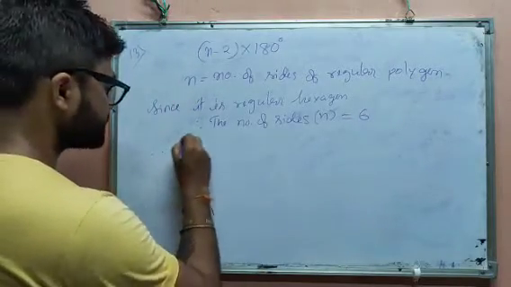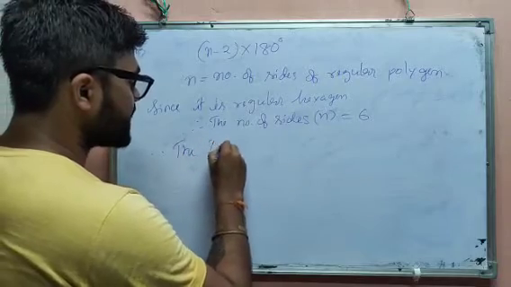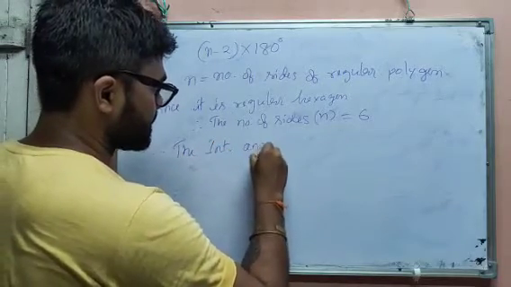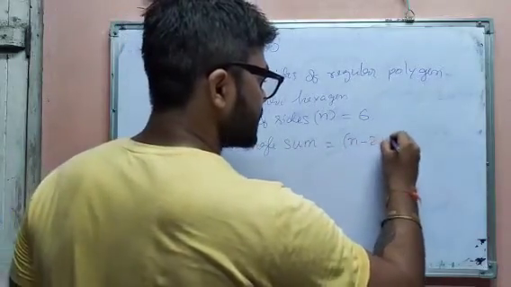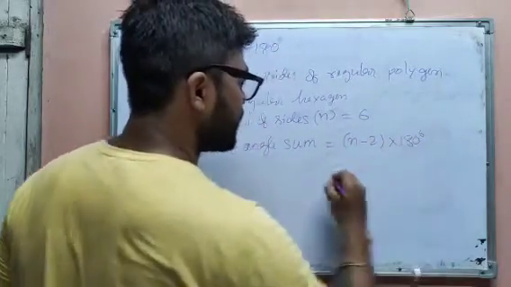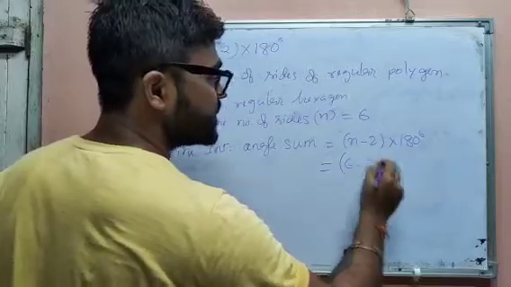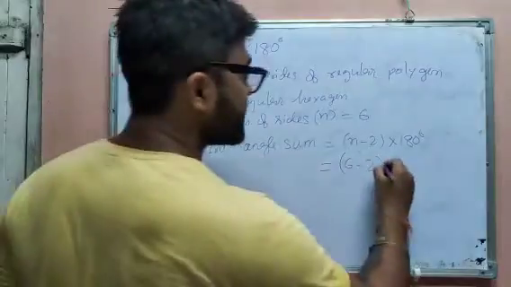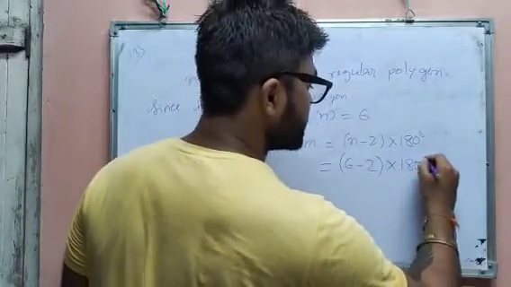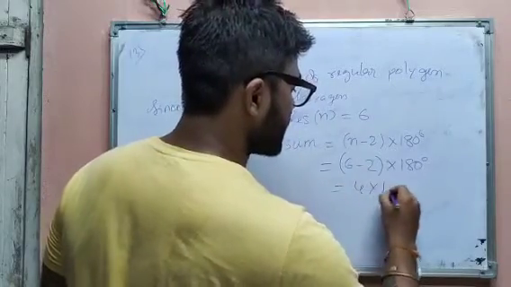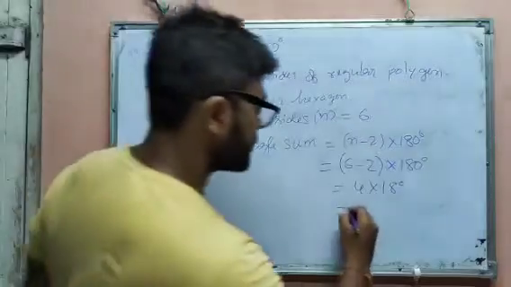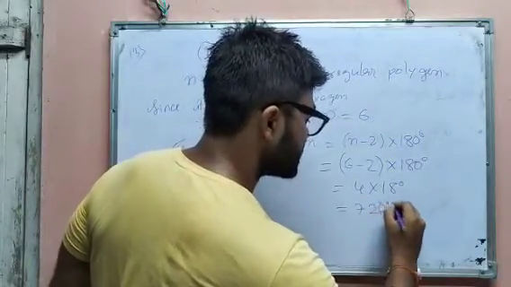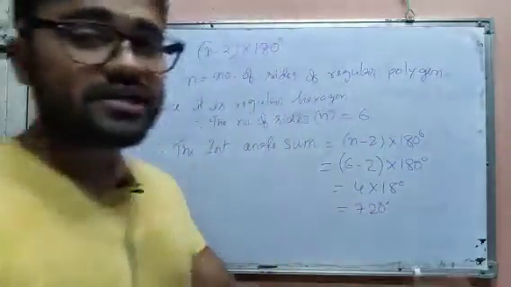Therefore the interior angle sum equals n minus 2 into 180 degrees, or 6 minus 2 into 180 degrees, equal to 4 into 180 degrees, which gives 720 degrees. This is the interior angle sum of a regular hexagon.